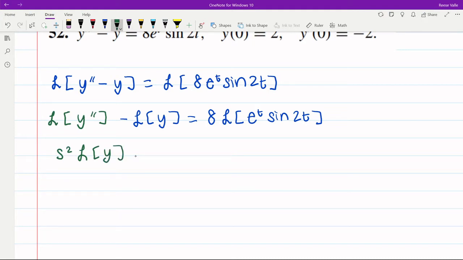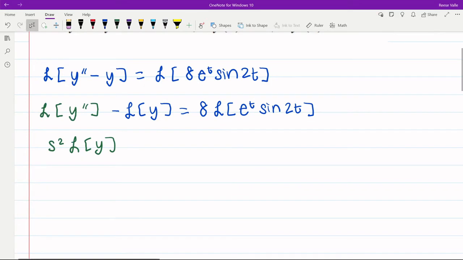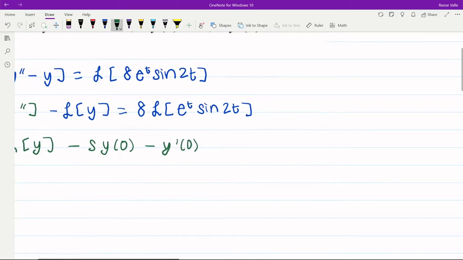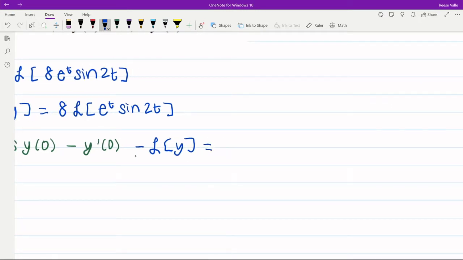And then it's going to be minus s y initial minus y prime initial, and then minus that, then equals 8.